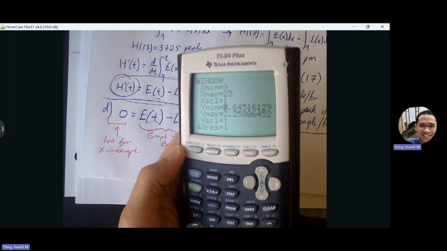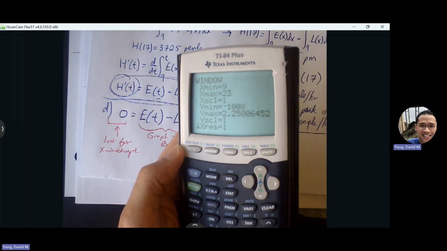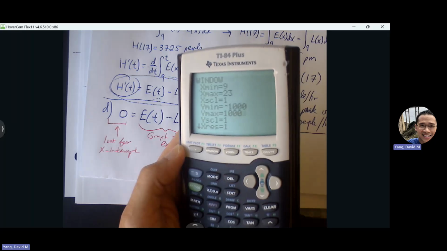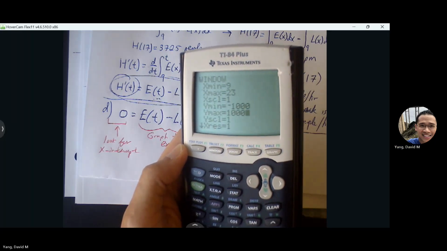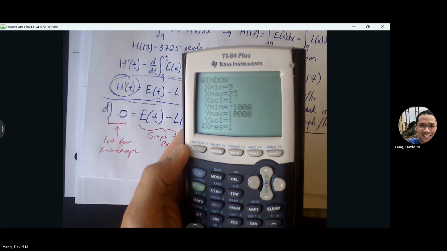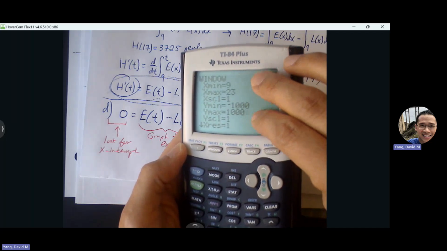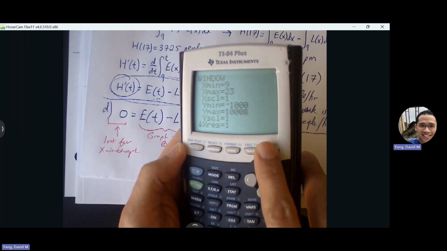My functions are all in the thousands, so I'm going to try going from negative 1,000 to 1,000, so my y values are wide enough that I can hopefully see a curve. If you're ever playing with your window, you're only changing x min, x max, and y min, y max. Okay, hit graph. Let's see what happens.